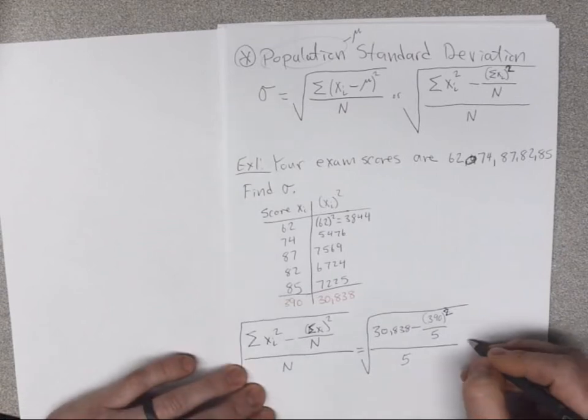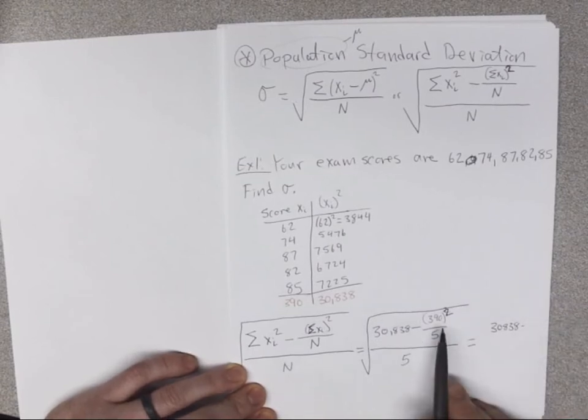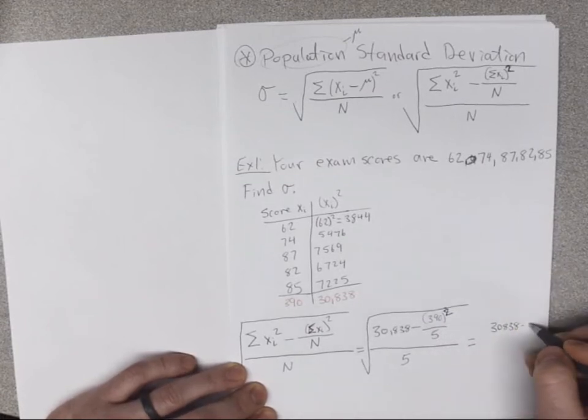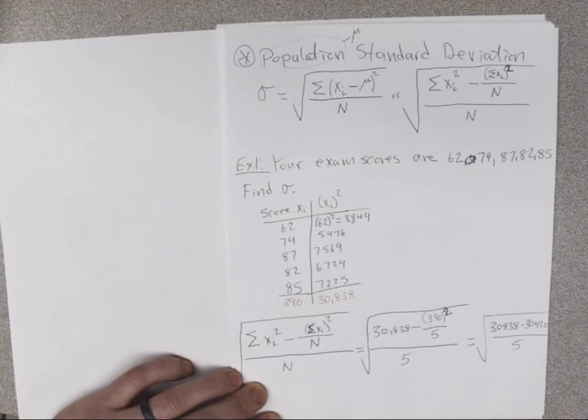All right, so simplifying this, you get 30,838. So what I'm going to do is, in my calculator, I'll do 390 squared, and then I'll take that number and divide it by 5, and that gets me 30,420, and all of that's divided by 5, and we still have the square root there.